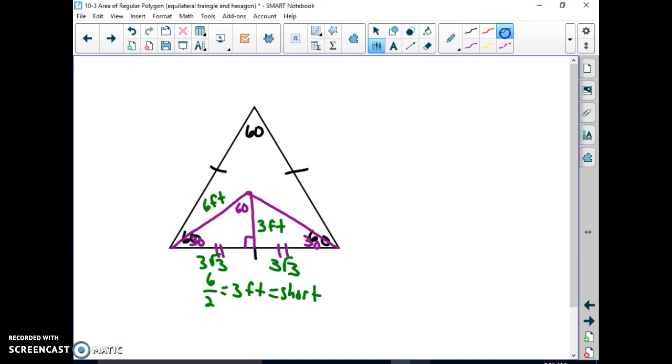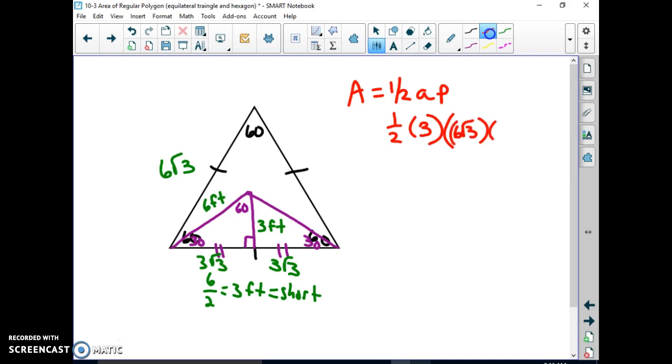So my whole bottom length is 6 radical 3, because 3 radical 3 plus 3 radical 3 is 6 radical 3. So the area of my regular polygon is 1/2 apothem times perimeter. So 1/2 times 3 times my perimeter, which is 6 radical 3 times 3, because there's 3 sides.